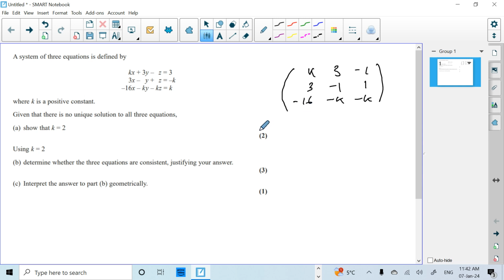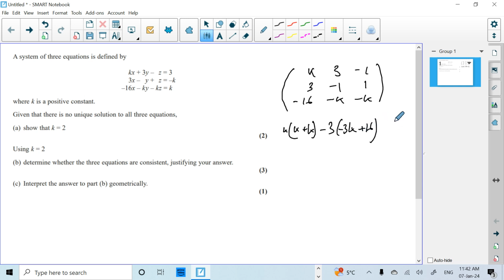So now, what do we have to do? Well, that's k times minus 1 minus k times minus 1 minus k. So we end up with k and then k plus k. And we subtract minus 3 is next, and that will be times by minus 3k, and then plus minus 16, so plus 16.